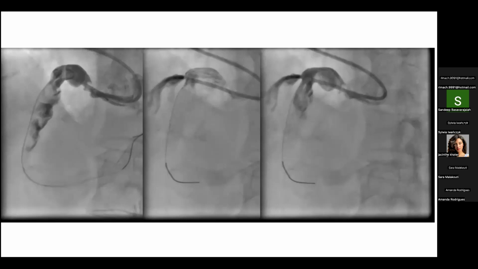Rupture. I don't know, was the patient stable when she came with the STEMI, or was she in cardiogenic shock? During the first minutes, it was quite stable, but during the procedure, before the perforation, there was a cardiac arrest.